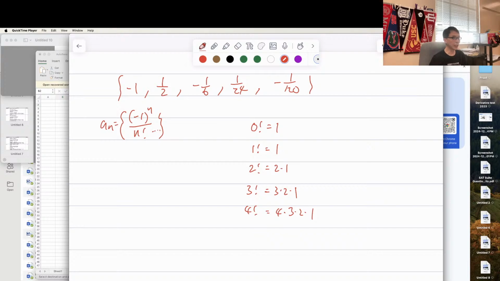Why is the factorial of 0 equal to 1? You come up with the reason. Is it like an exponent type of thing?